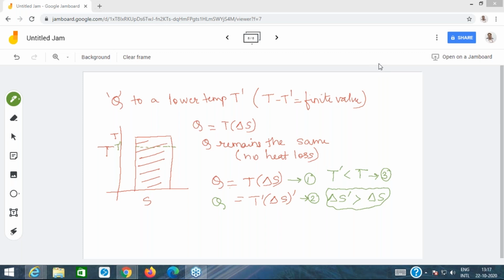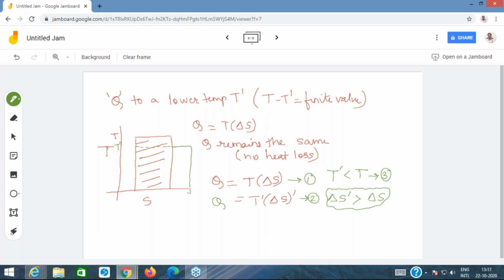Now from the diagrammatic perspective, your diagram becomes like this. I have represented the heat transfer.